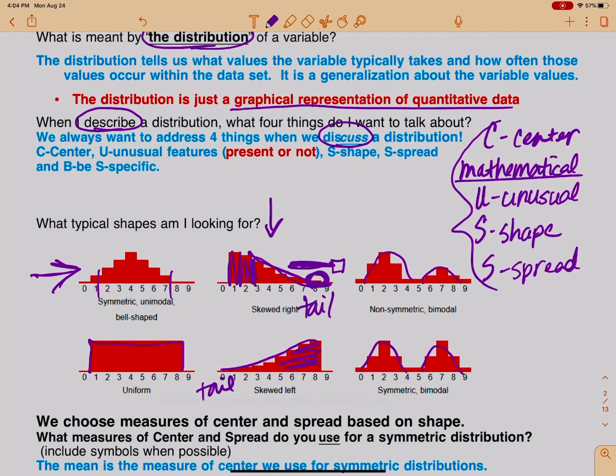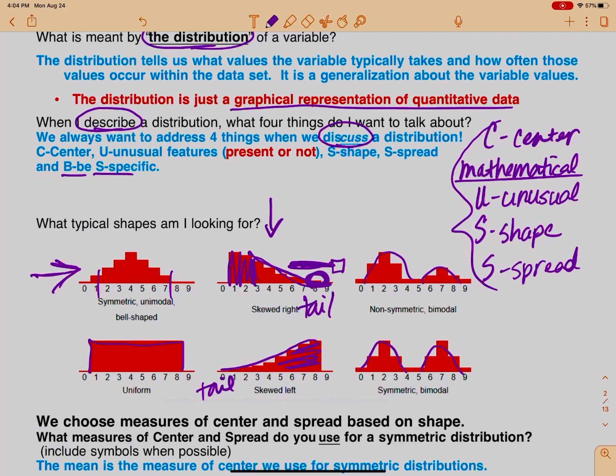CUSS, C-U-S-S. The reason we use CUSS is because you can remember it. And we're also going to BS, that means be specific. You're going to be as specific as you can. Keep in mind that when you have an example where you've got the picture of the graph already, you're limited in how specific you can be.